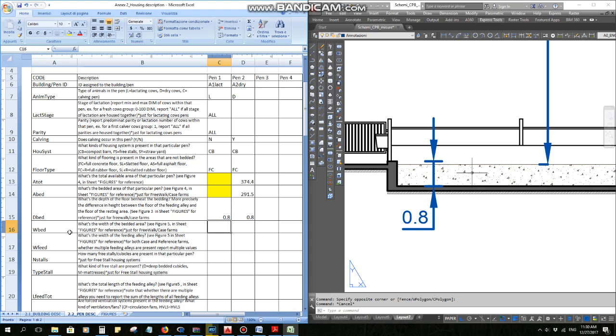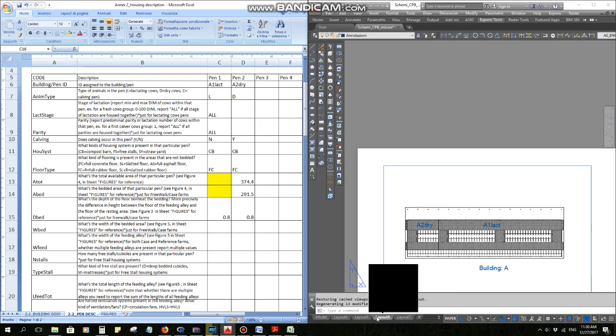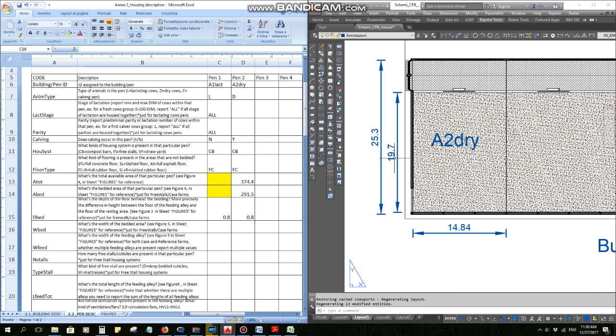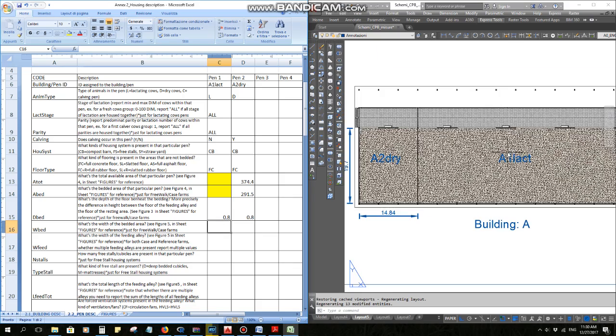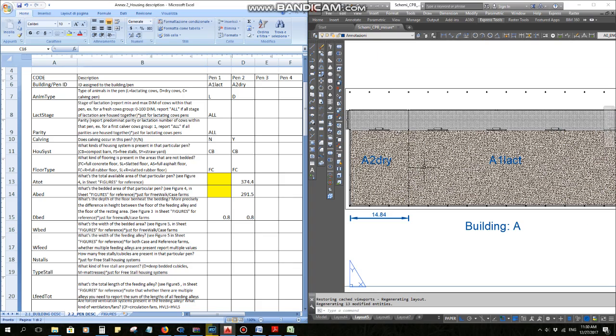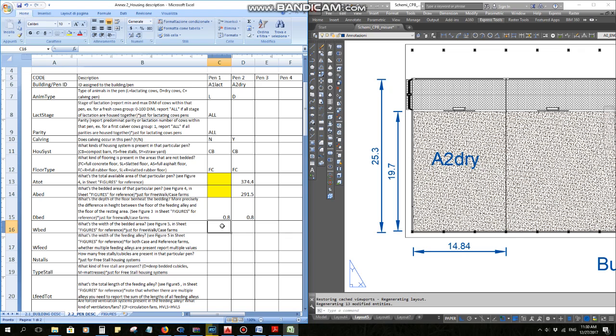What's the width of the bedded area? We measured that before, and so the width of the bedded area is 19.7. That is going to be for both pens. Okay, so 19.7, 19.7, right? What's the width of the feeding alley?